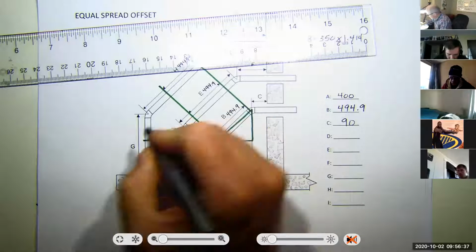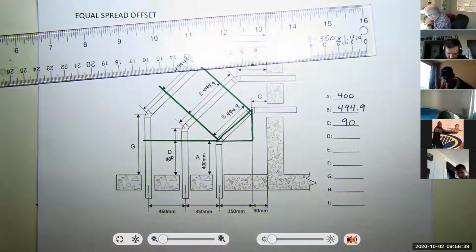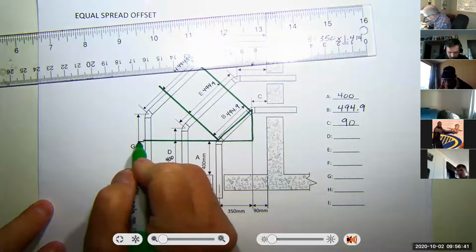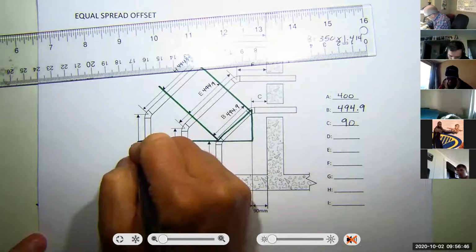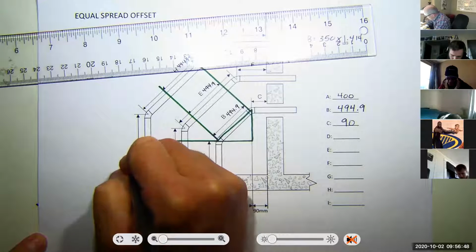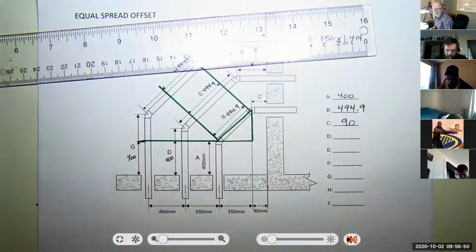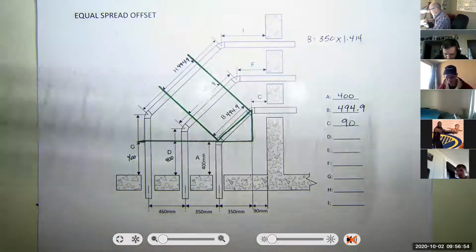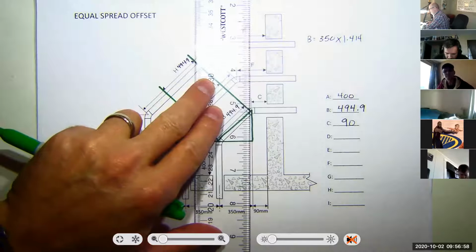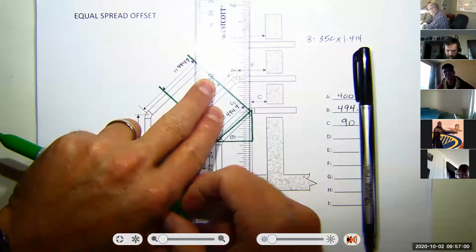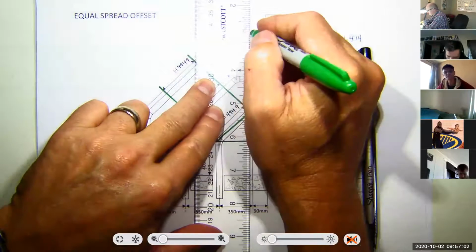I should extend that to that line in G. And I know that this line from here to there is also 400. Does everybody see that? And now I'm going to extend this measurement C all the way through as well. I'll use my green pen.